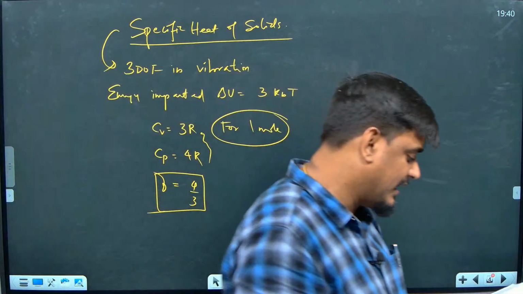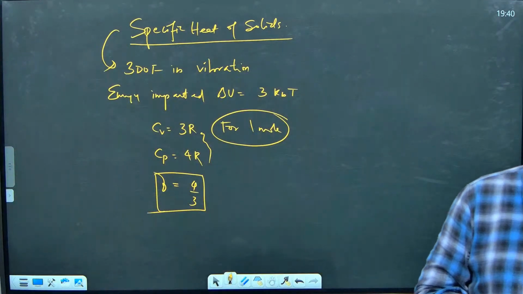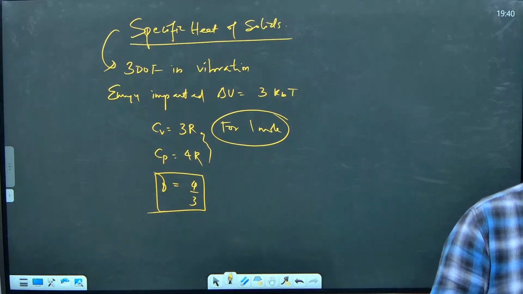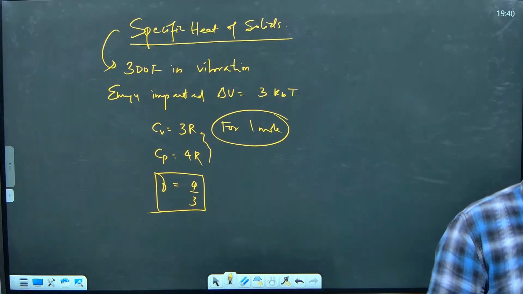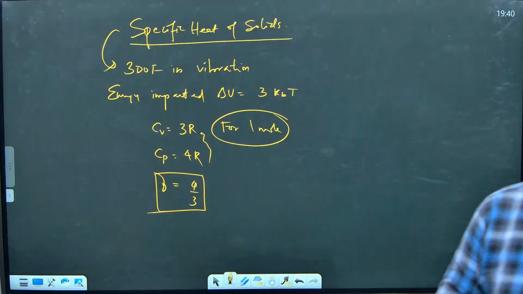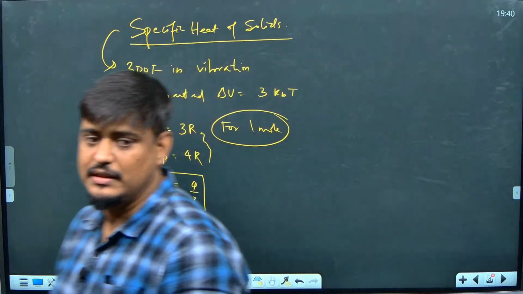They have written 3R, but they have not talked anything about Cp. Just they have told 3R and then left. They have not spoken about gamma itself. They have not told that the ratio is 1, or that it will be the same, but they have just considered only one part, which is 3R.